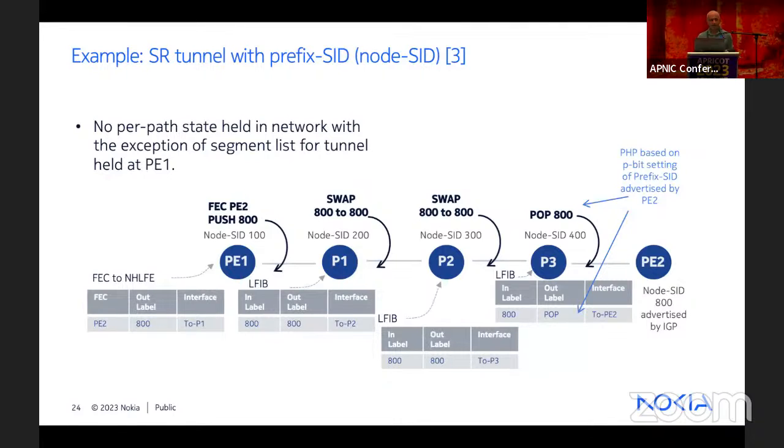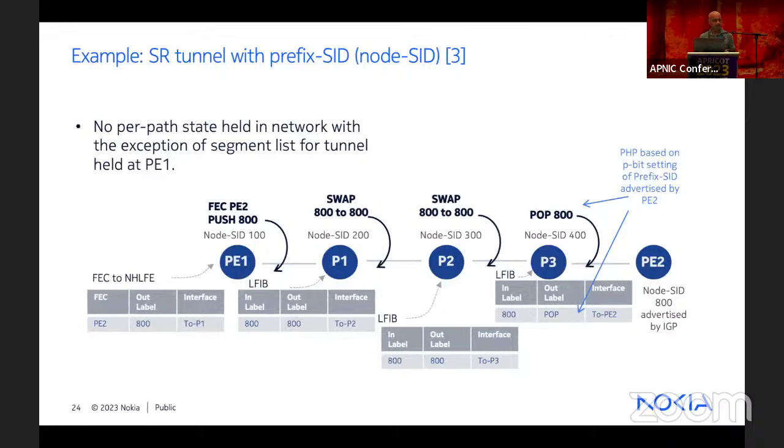Because remember, in a segment routing network, there are only two bits of information you need in order to route a packet: the node SIDs and the adjacency SIDs. The number of nodes in a network is not increasing as you increase the number of tunnels, right? You could build many different tunnels, different paths, but the number of nodes in the network remains the same. And that's the beauty of it, right?